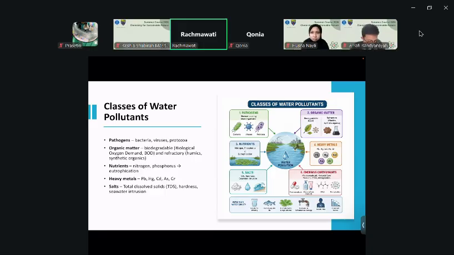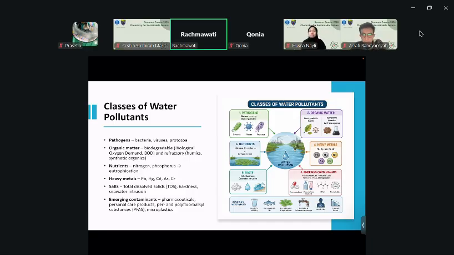And also there are emerging contaminants. This is mostly not in nature, but because of human activities. It could be from pharmaceuticals, or personal care products, like when we are using shampoo or bath surfactants and so on.